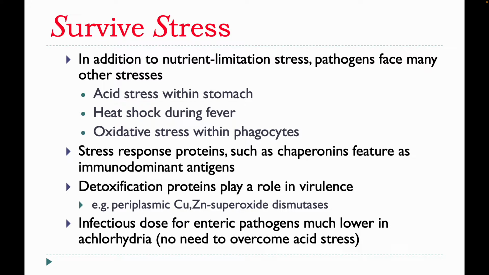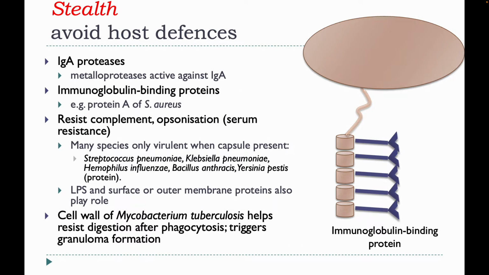And that happens in some people as they get old anyway, but there is this huge kind of experiment in our society at the moment in that a large percentage of the population is taking acid suppressive medication, taking proton pump inhibitors, which actually changes their susceptibility to infection. It changes also their gut microbiota, but it does change their susceptibility to infection.